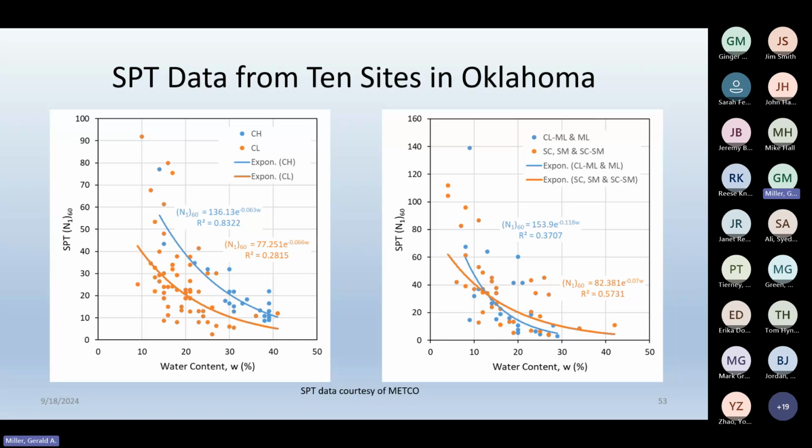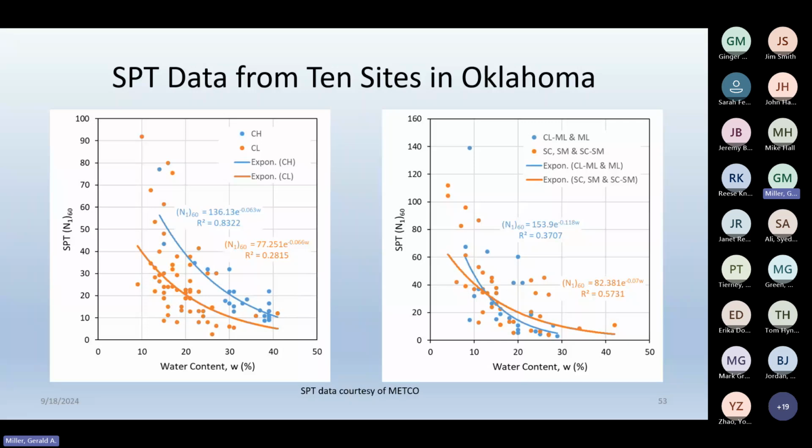But the reason I'm using N160, if you remember, N60 is SPT corrected for hammer efficiency. Most of our automatic hammers are going to be 75% or so. Whereas a lot of the correlations were developed when rope and cathead was around. And back then, we were probably closer to N60. So I adjusted the energy.